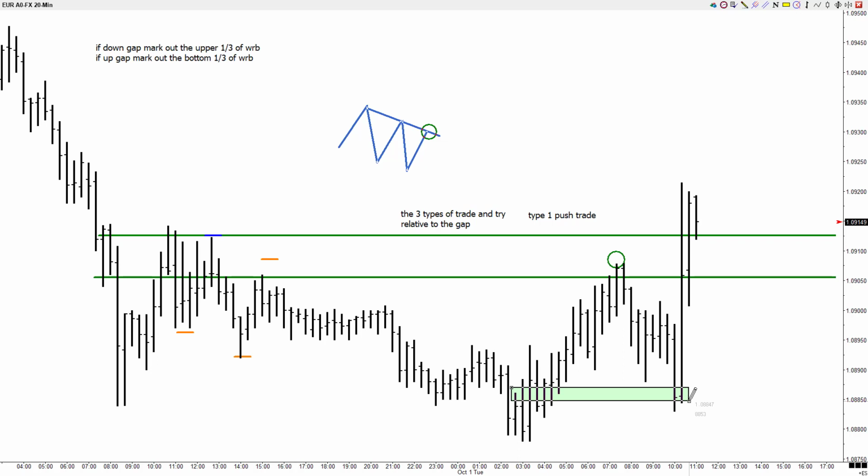This will be the try. I call it the try because price is trying to go down. If it's going to turn, this is the place to do it. So for instance, we're making lower lows, lower highs, and if it's going to turn, that's it. So I call that the try.